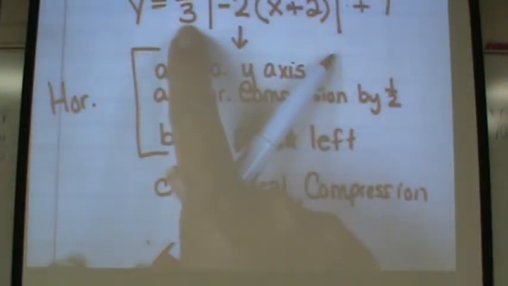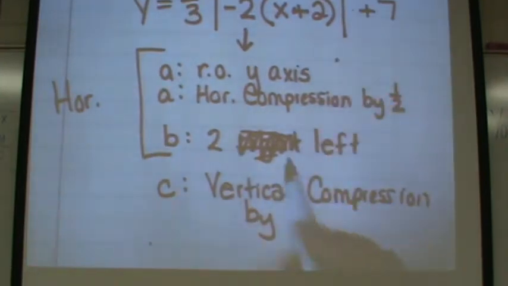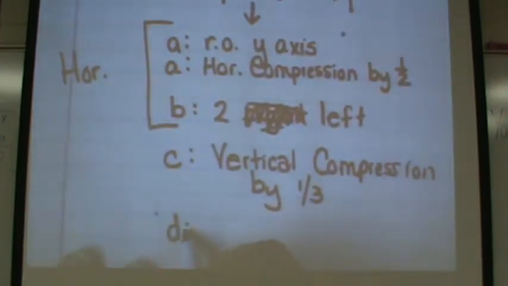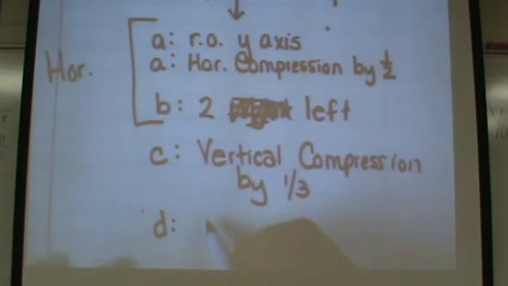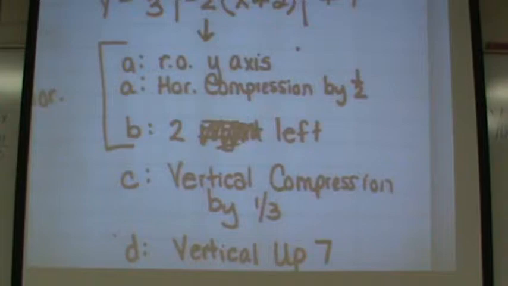If this were a number like 3, 4, 2, 7, that would be a vertical stretch. So if it's less than 1, it's a compression. If it's greater than 1, it's a stretch. In the last D, you're gonna go up, vertically up, seven units.